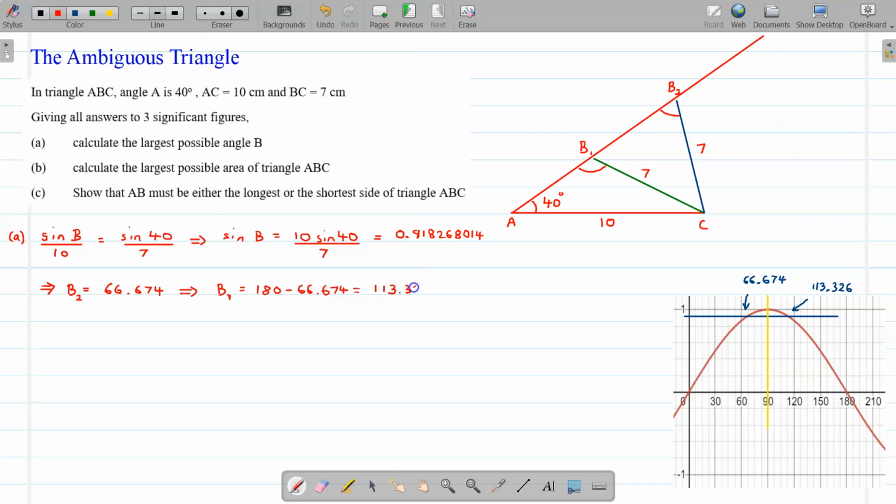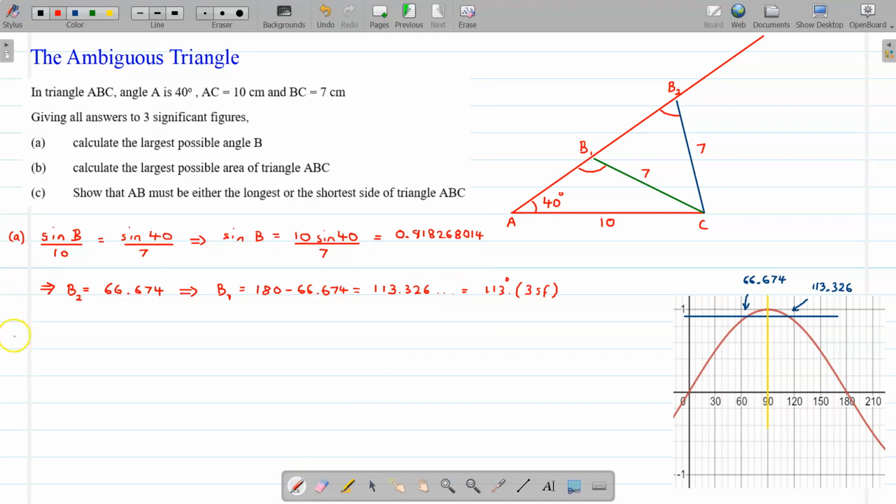I'm writing it in full for the moment, more accurately than I need, which is equal to 113. It wants it to 3 significant figures, so it's 113 degrees to 3 significant figures. So I'm showing how I got that answer, but then I'm rounding it suitably as requested. Okay, so that's how I would answer that question, part A.